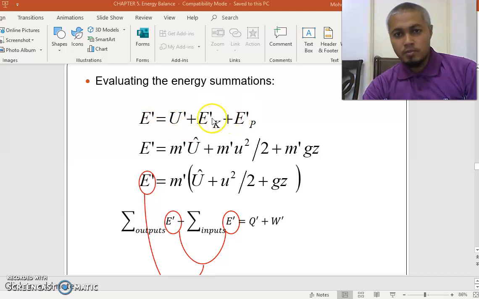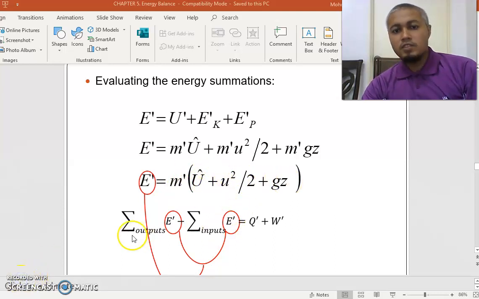In other words, we are factorizing the mass flow rate from this specific formula. Like I have explained before, specific means we refer to the total amount of the system, where in this case we use mass flow rate. That's why we factorize mass flow rate from this formula, where we have mass flow rate times internal energy plus u squared over 2 plus gz.